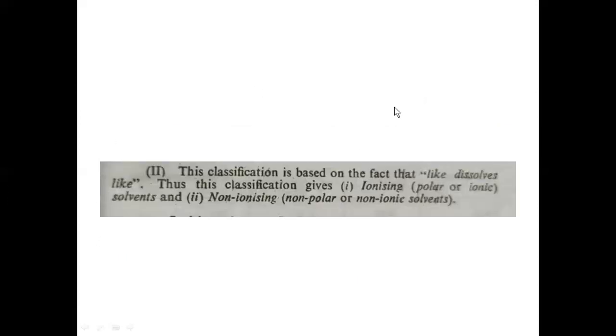Now the next classification. This classification is based on the fact that like dissolves like. It gives ionizing, polar or ionic solvents, and non-ionizing, non-polar or non-ionic solvents. If NaCl, a polar compound, is there, it will dissolve in a polar solvent like water.